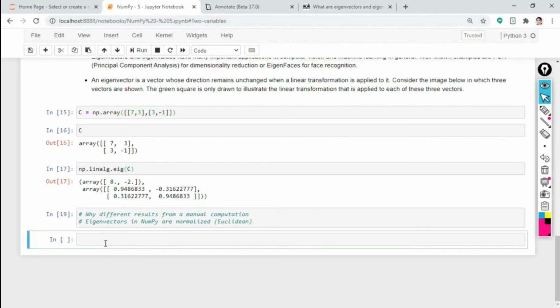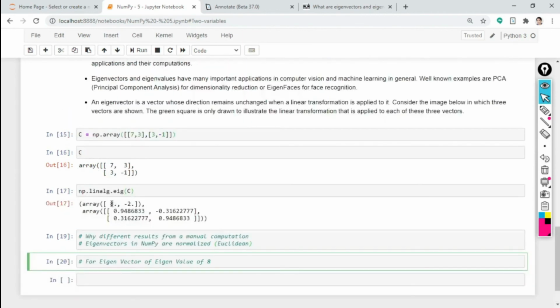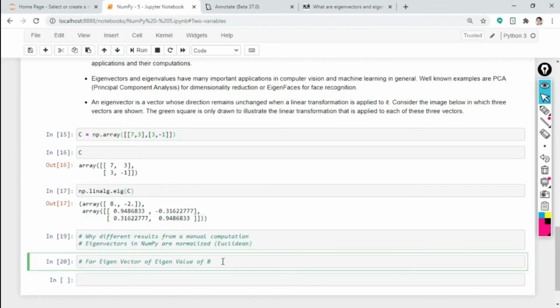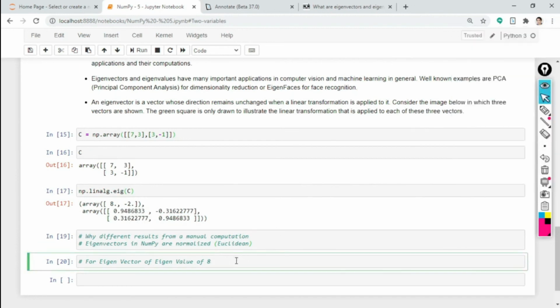So for example, for the eigenvector of the eigenvalue of 8, let's try this one. We will derive this specific value in terms of a column. Let's define a specific variable.